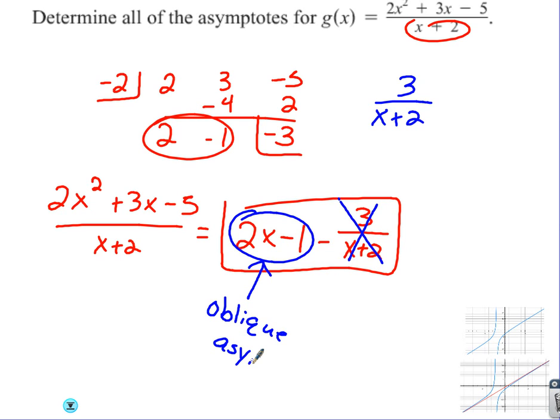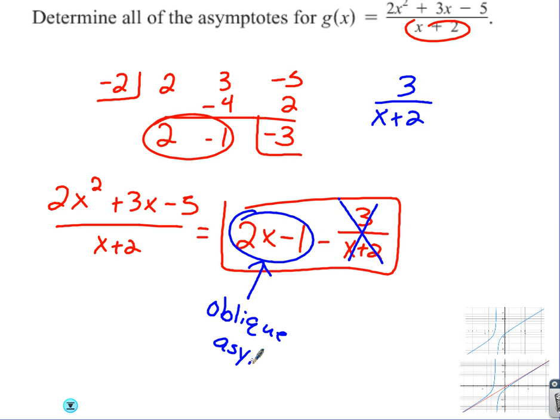To find an oblique asymptote, use synthetic division. You're going to have a remainder, more than likely. Once you take that remainder, dump it. I want you to know why you dump it: that remainder is going to be so insignificant as you approach infinity that you can get rid of it. So my oblique asymptote here is 2x minus 1.